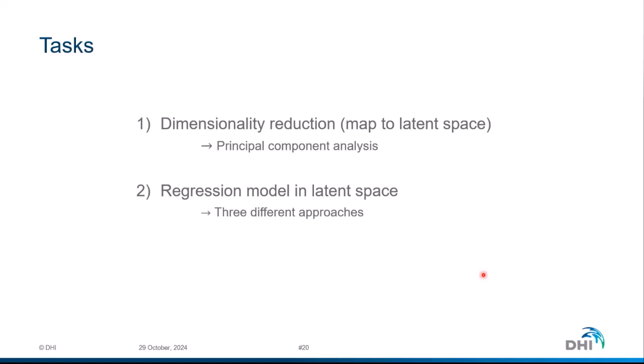The simplicity is so it could, for example, be more easily implemented in an operational context. It wouldn't require a lot of maintenance. And interpretability, so we can understand if the model is doing something that seems reasonable. So I'm going to go through these 2 steps.